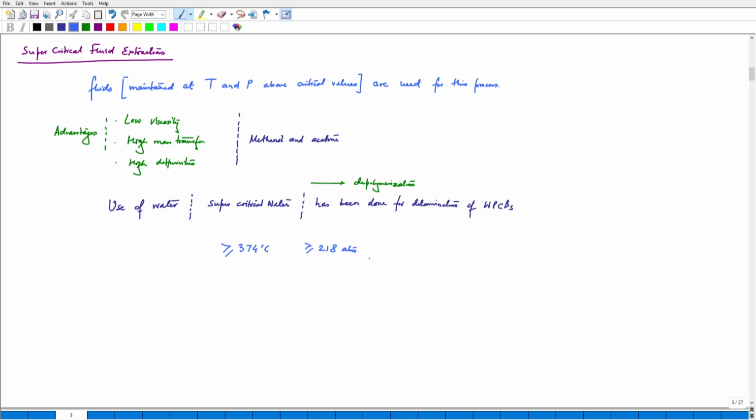So having such high temperature and such high pressure, one has to have the investment that can maintain the temperature of water and pressure in the given conditions, and then we'll have to charge this fluid into the PCBs so that the delamination is possible.